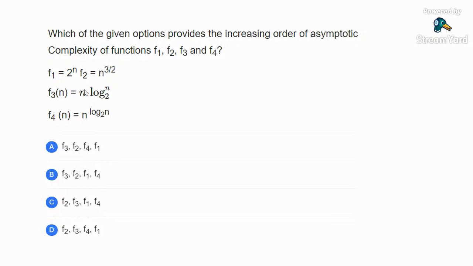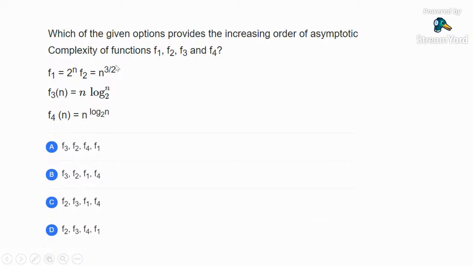Now just consider this. Compare f3 and f4. Here n multiplied by log n base 2, and here n to the power log n base 2. So definitely n to the power log n base 2 will be larger because it is increasing in terms of n. If you consider f2, which is n to the power 3 by 2, that means n to the power 1.5.